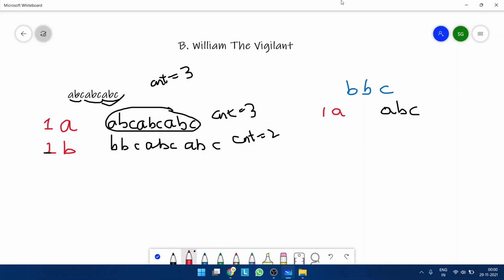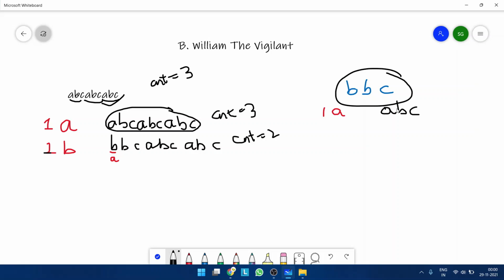So we have to see that if the character that we are replacing, here that was A, was forming a substring ABC, then we have to reduce CNT by 1. Third, suppose we consider this string to be initially BBC, and if we replace the first character with A, it becomes ABC.